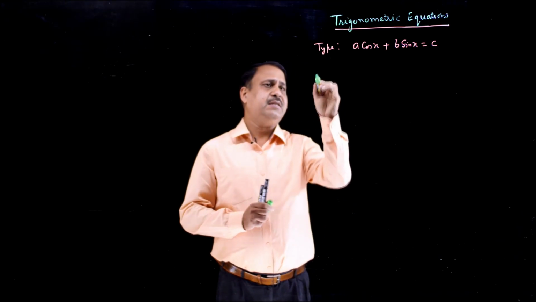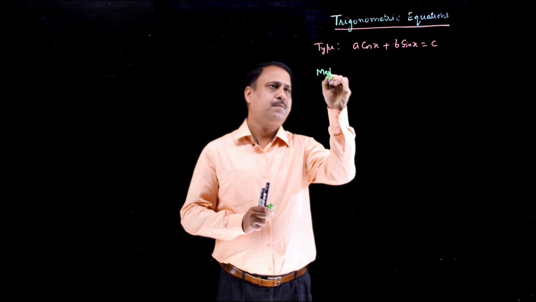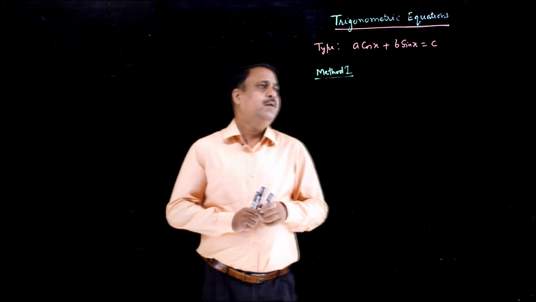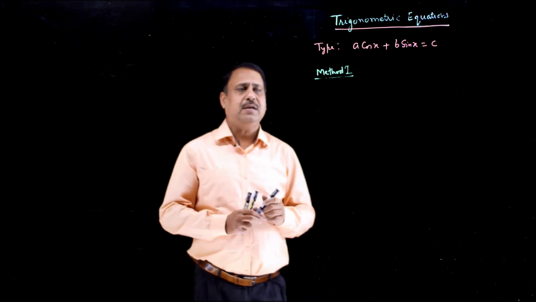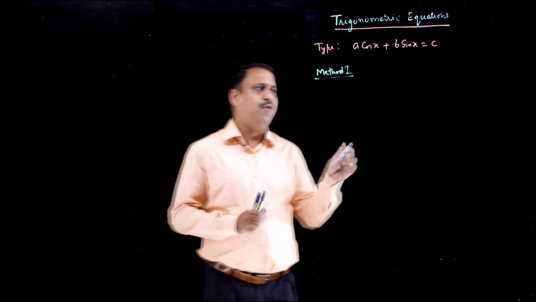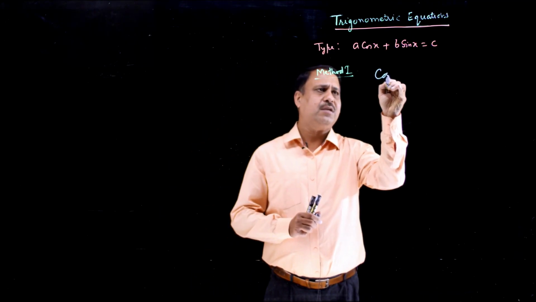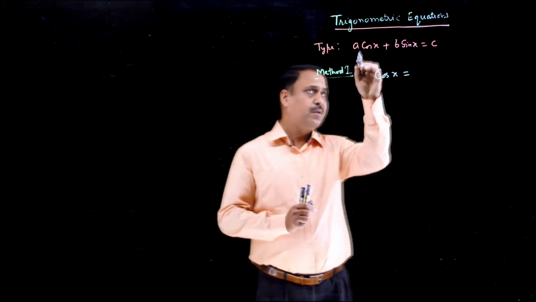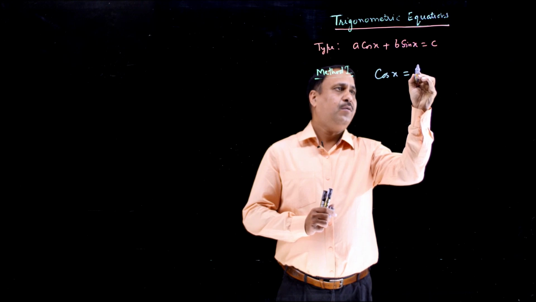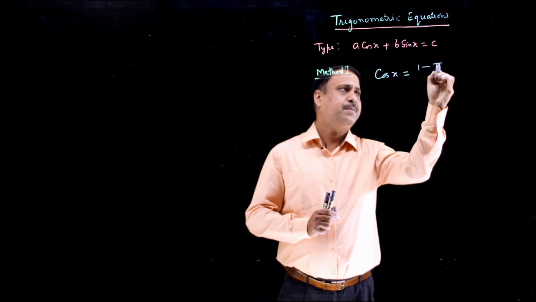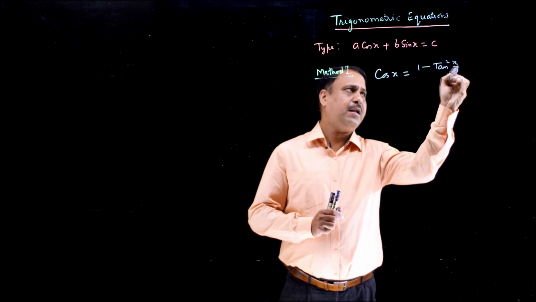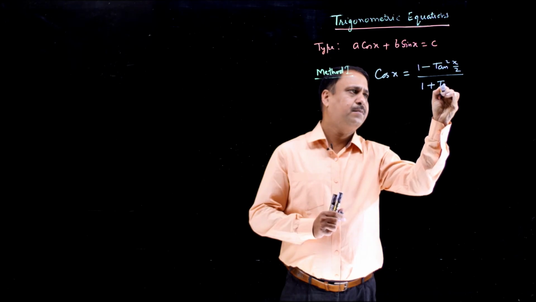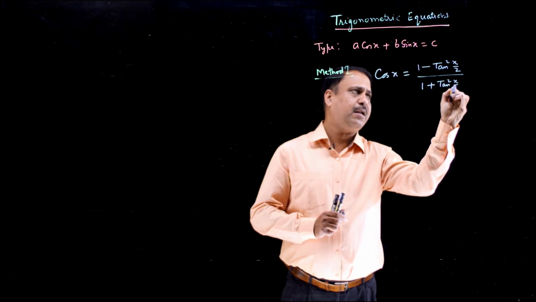So first method is to convert cos x and sin x in tan x/2 form. Using the formula, write cos x is equal to 1 minus tan square x/2 upon 1 plus tan square x/2.